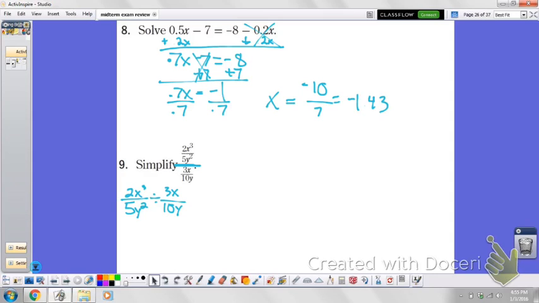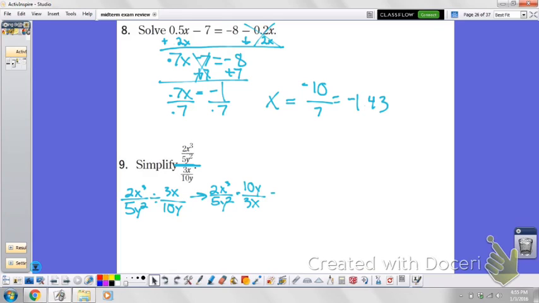Now we're dividing by a fraction. Since we are dividing by a fraction, we know it is the same thing as multiplying by the reciprocal. So I'll have 2x to the power of 3 over 5y squared times the reciprocal of 3x over 10y, which is 10y over 3x.